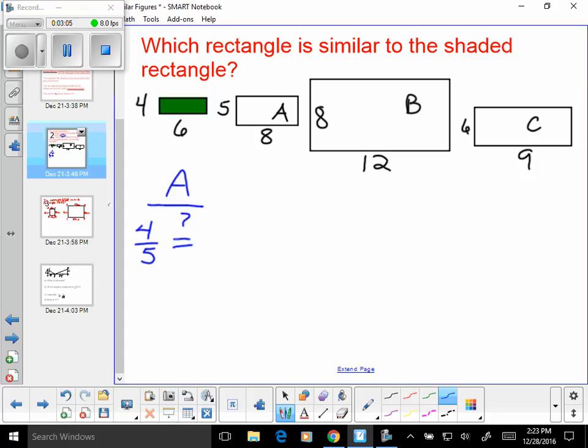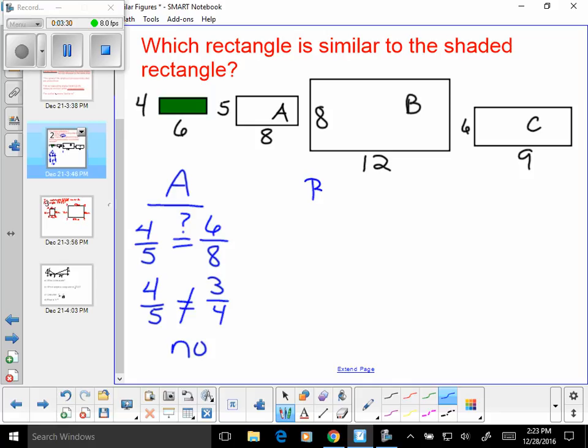Is that going to be equal to 6 over 8? Now I'm going to reduce, and because I do not need to use cross products, I'm going to do it down below here. And I'm going to get 3 over 4, and I'm going to say no, because obviously 4/5 is not equal to 3/4. So the shaded rectangle is not similar to A.